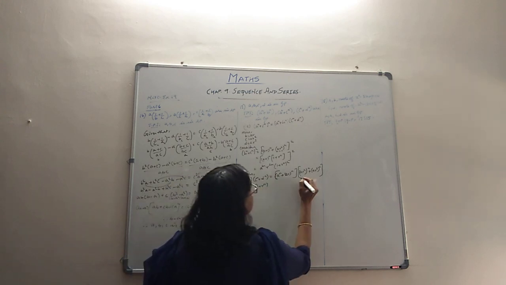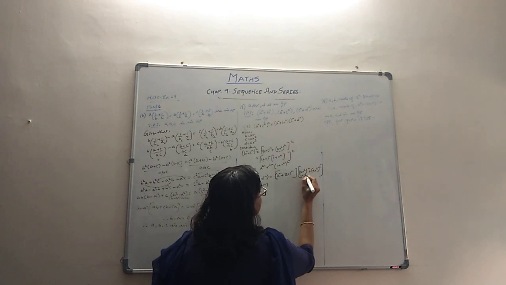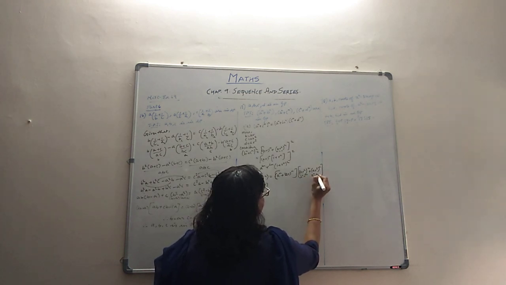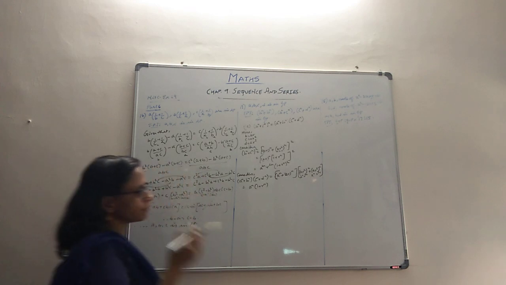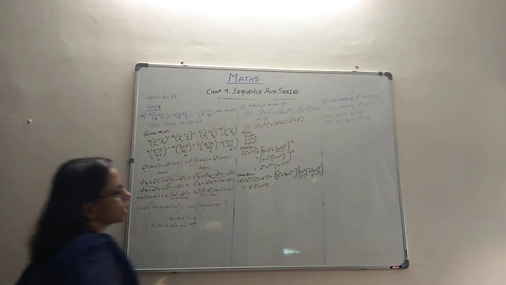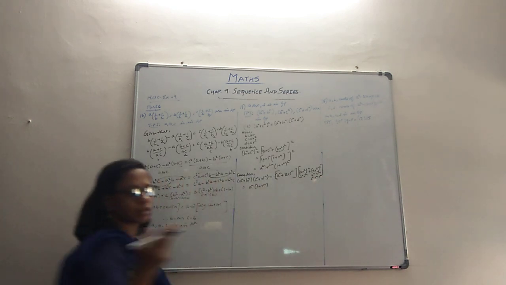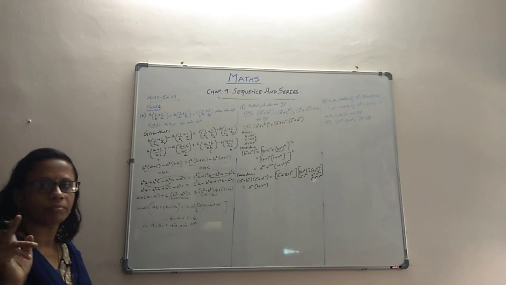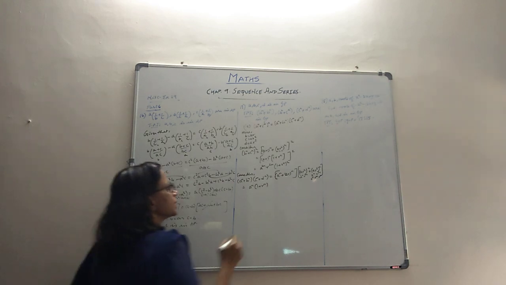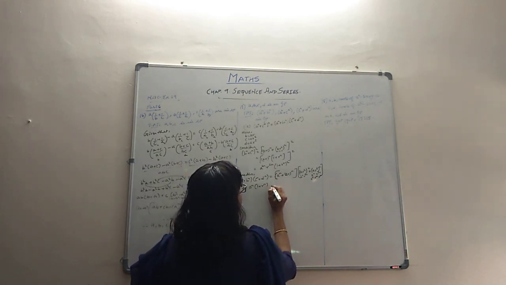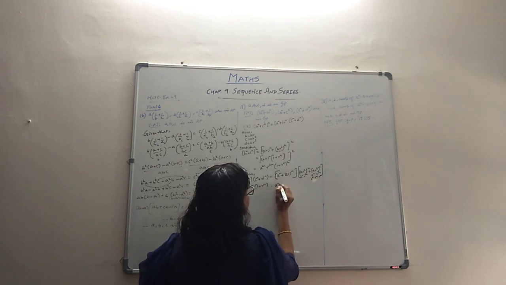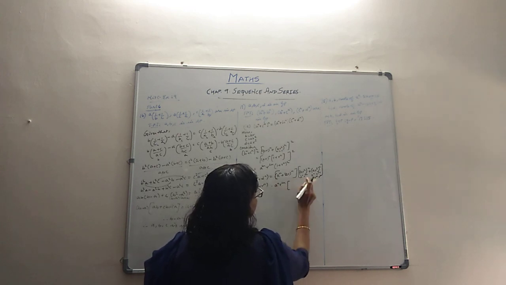Now here this is A raised to n into R raised to 2n, and this is A raised to n into R raised to 3n when we have that opened up. Now R raised to 3n can be called R raised to 2n into R raised to n. Yes, A raised to m into A raised to n is A raised to m plus n when we open it up. So in that logic, you can have this A raised to n into R raised to 2n common over here.